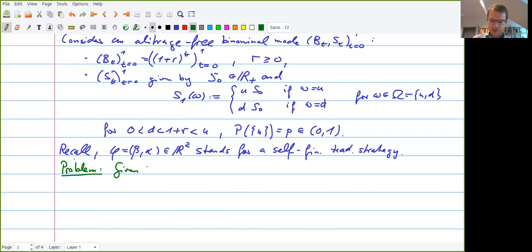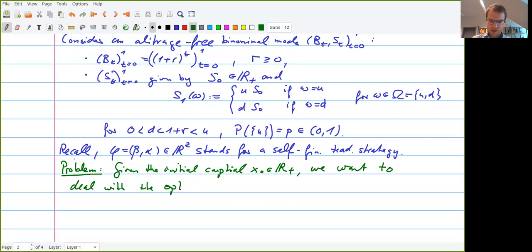I'm an investor, so given initial capital x0, a hopefully positive constant, there's the money I can invest at time 0, and what I want is to deal with the optimization problem.